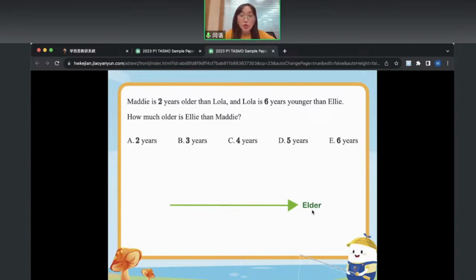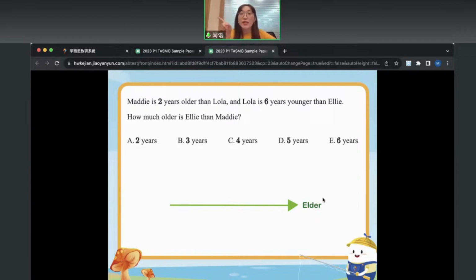一定注意，不能只是画一个箭头，画完箭头之后要去标记箭头它所代表的含义是什么？它是代表更胖、更高、更重，还是年纪更大？一定要在这里给它写出来。那我们看这道题，它在比较什么？The question is comparing age, right? So here we just write down the right direction.